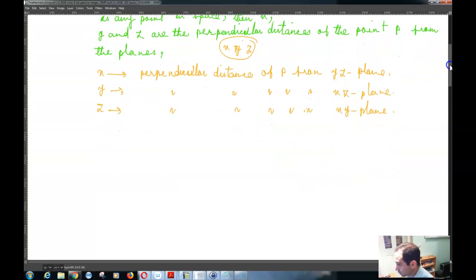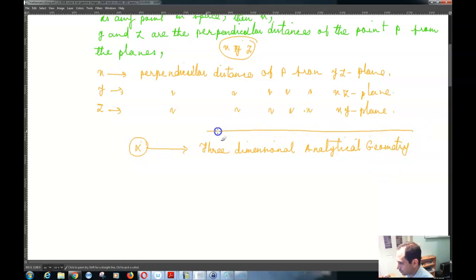So the logical chain between all of these things is that these concepts you're going to need in order to understand three-dimensional analytical geometry.